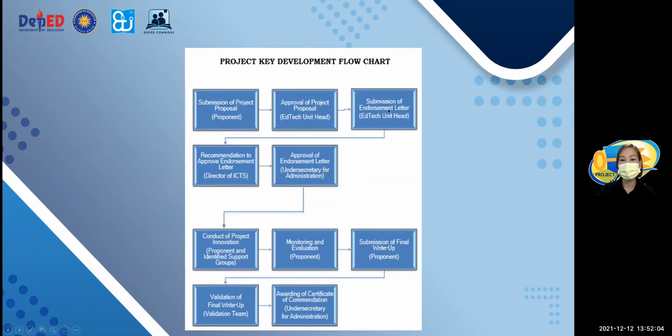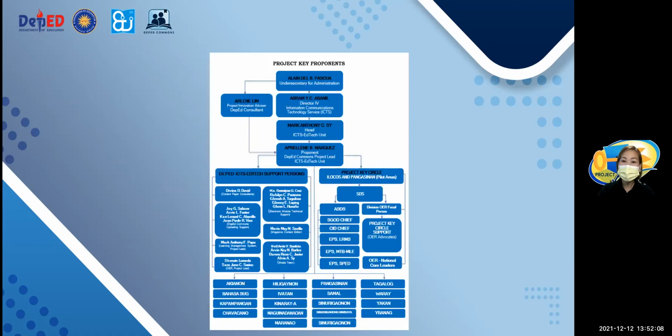And with this is the project development flow chart. This is the process on how we are going to submit our paper. And for the project proponents, here we are. This is a large group because we will be having our Undersecretary for Administration, Alena B. Pasqua. And of course, for having this in a national innovation, I also have my project innovation advisor, the deputy consultant, Ma'am Arlene Lee.